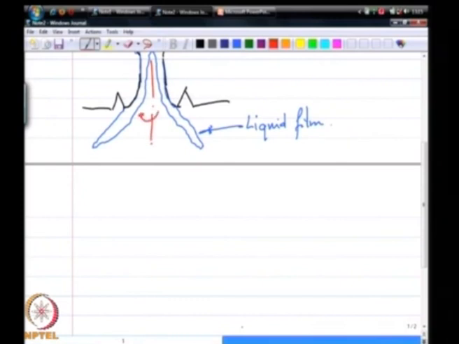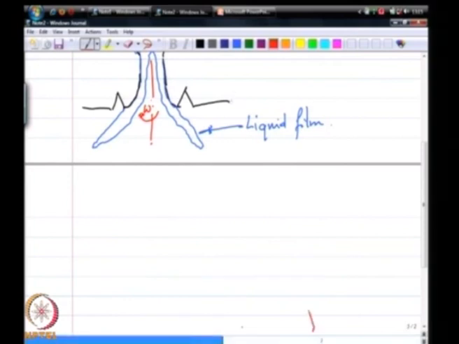So, if your liquid film is swirling and the swirling liquid film is subject to some disturbances, it could cause the liquid film to break down.